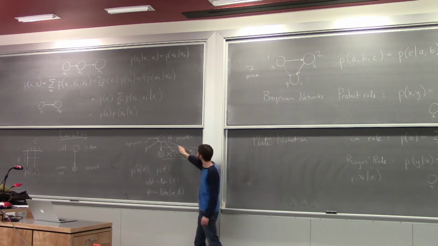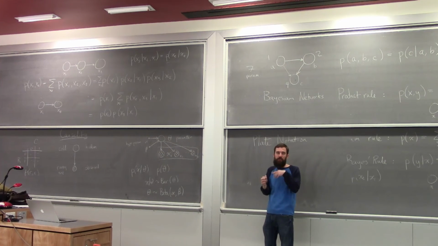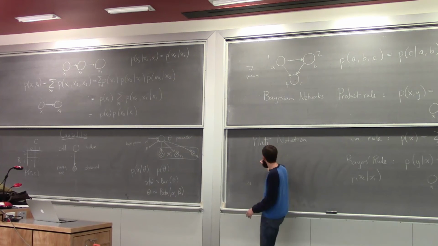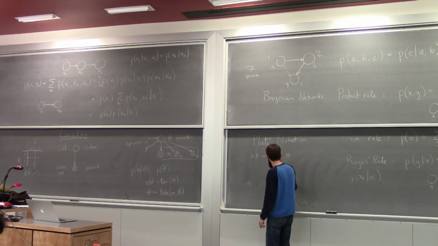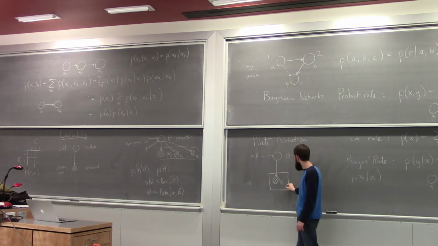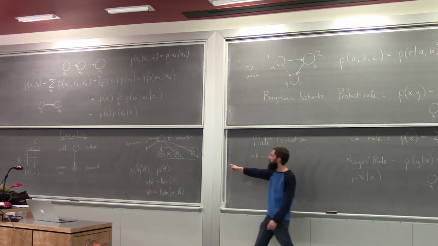So I'm going to take this repeated n times and compress it down to one, because it's just the same thing n times. So I draw this same graph. Again, I've got alpha and beta as parameters, and my x's will have an i on them. I put a plate around that, and in the corner of the plate, I say that it gets repeated n times. And that's equivalent to this.